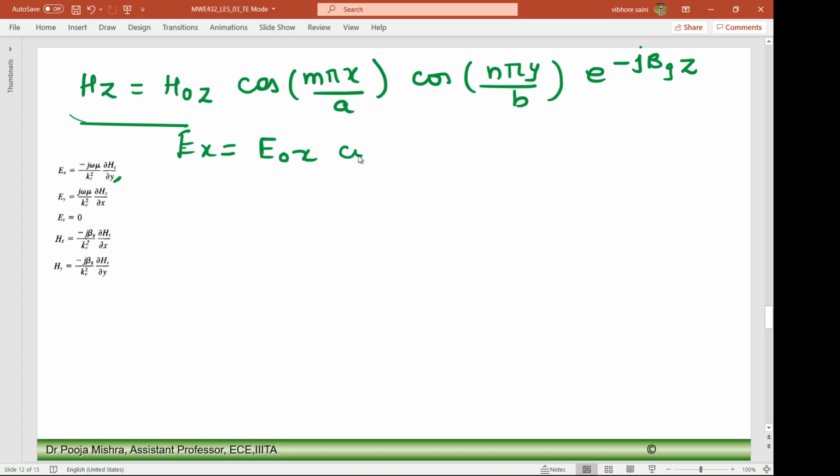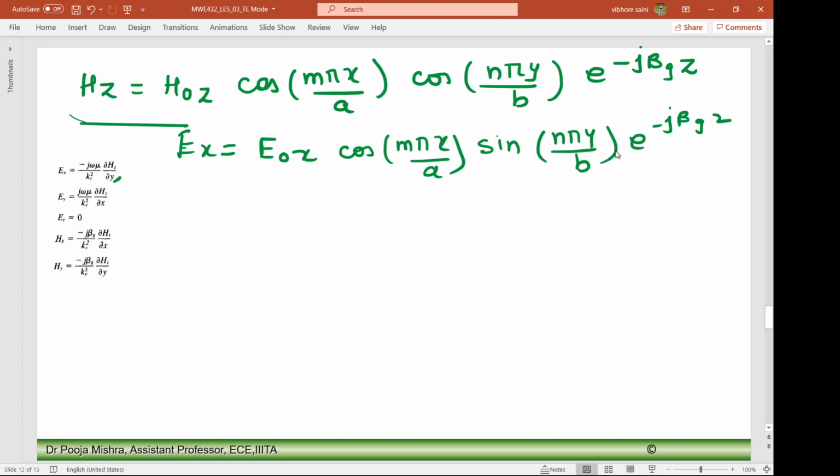So cos m pi x by a sin n pi y by b exponential minus j beta g z. Let's not bother about these constants or negative terms. We have already considered them in this particular term. Otherwise the equation will become very complex. So the solution for Ey will be E0y. It is the differentiation of Hz with respect to x.